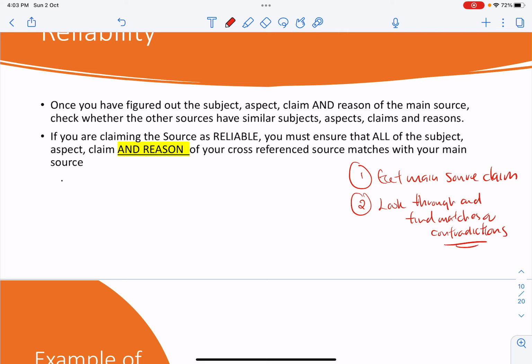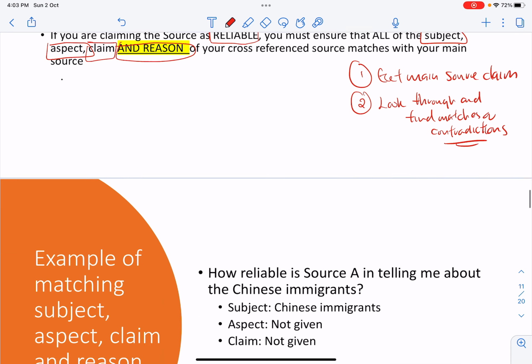Okay, so if you're claiming the sources to be reliable, please ensure that in your cross-reference inference, all of the subject, the aspect, the claim, and the reason of the cross-reference source matches with your main source.